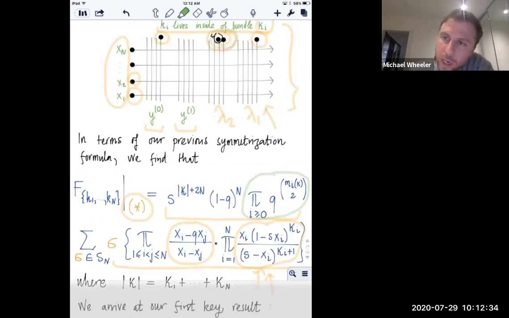So it doesn't really matter how you arrange things at the top. All that will happen is you get overall powers of q, and that will also be true in the colored case.